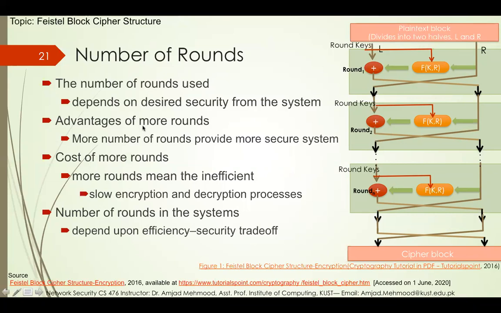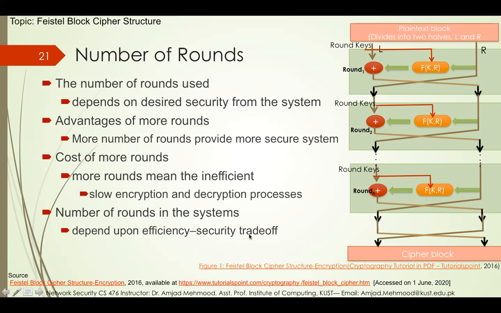But for any operation, there is a trade-off. If you are using more rounds, your system will be secure, but more rounds means inefficiency because you need more processing power for the encryption and decryption processes. So the number of rounds in each system depends on the efficiency or security trade-off.